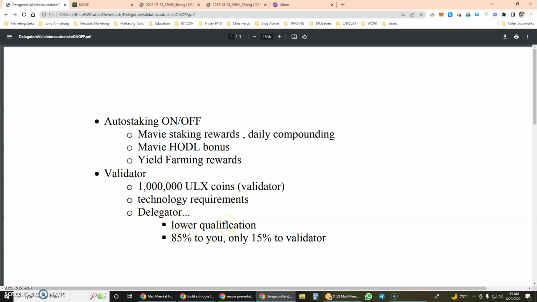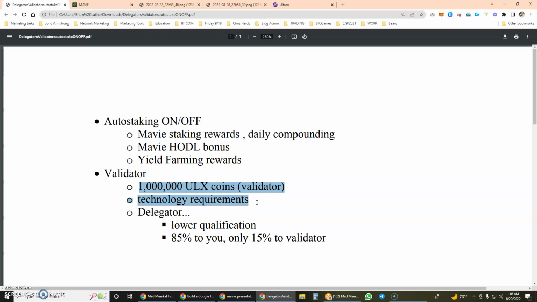You'll be able to delegate your coins to a validator, and you're going to get 85% of the rewards, and they're only going to get 15% of them. So you're getting almost all of the rewards without having to worry about these higher qualifications to get there.